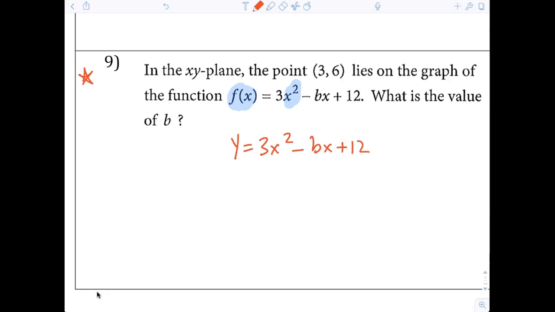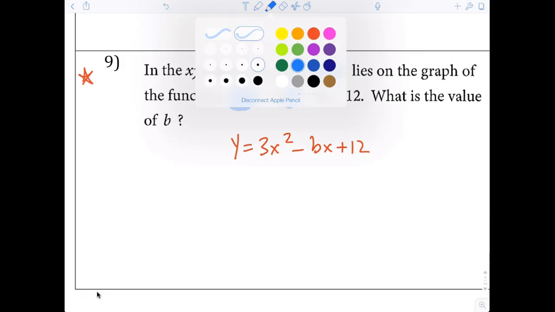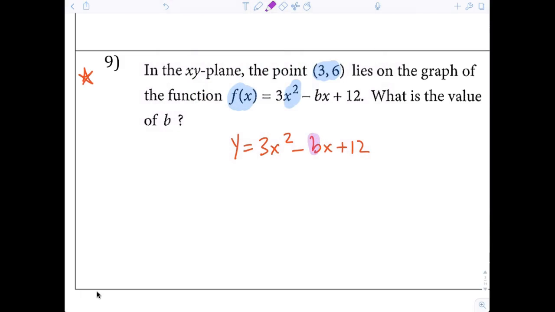Now, somebody tell me why you think they gave me this point, 3, 6. Why did they give me that point, probably? Because I'm trying to find b. Does everybody agree with that? I'm trying to find b, right?